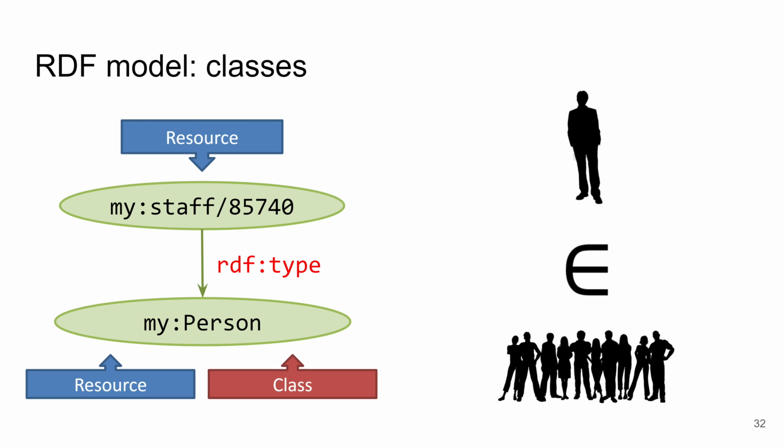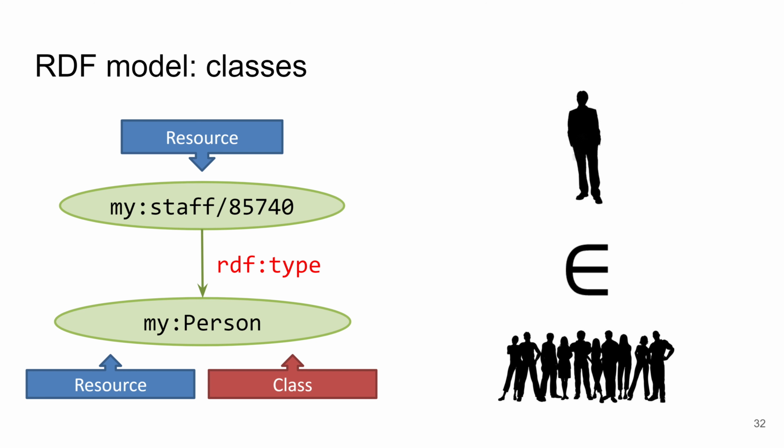And this is also something we have already seen, because we talked about that we have a catalog which is a catalog, and we had a page which was a page. So now we have an employee which is a person. We have the employee, which is the one person, that's our resource, and using the RDF type predicate, we assign it to a set of all people, or we assign it a type person.